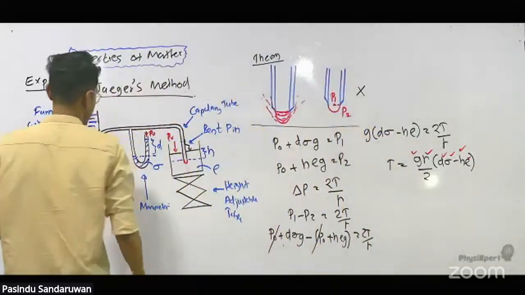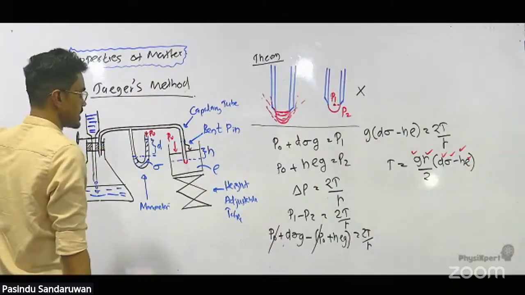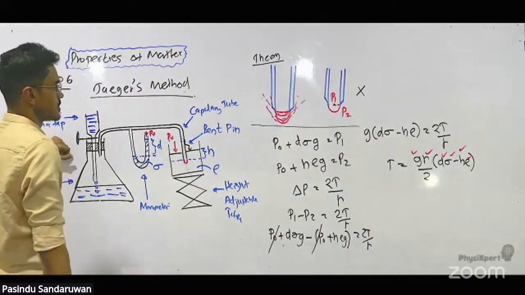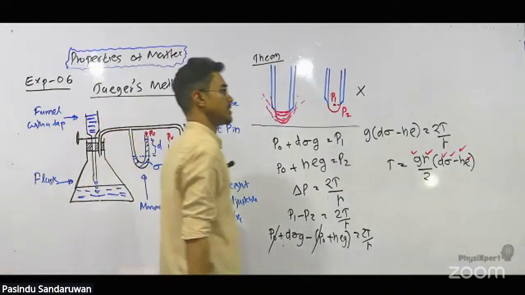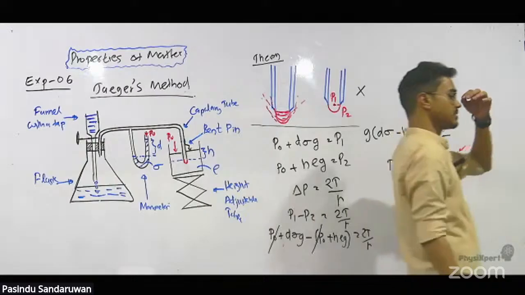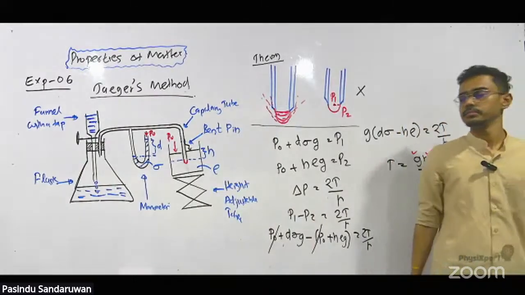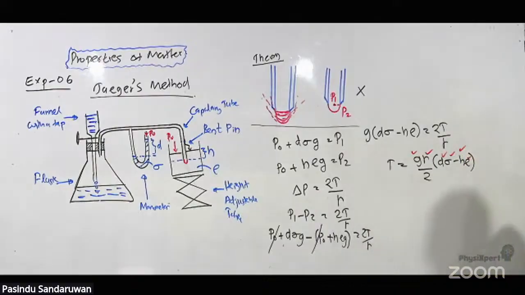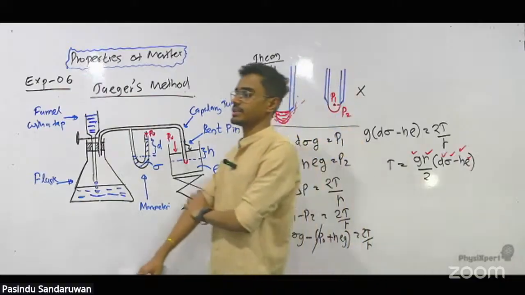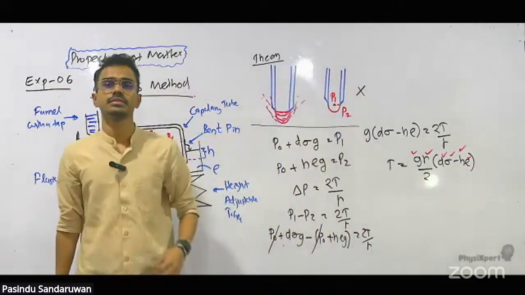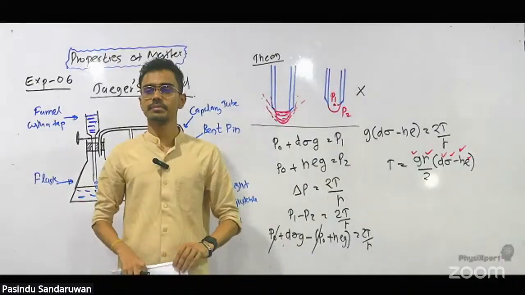Let the pressure inside the meniscus be P1, and the pressure outside be P2.